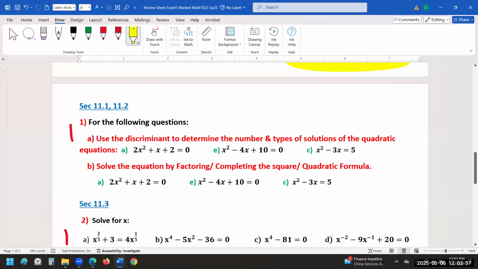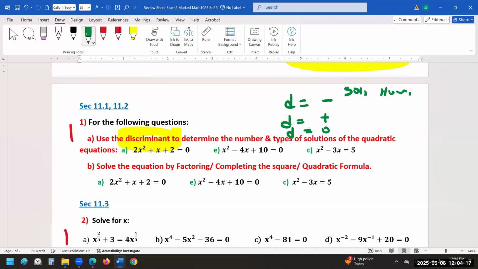Okay, so discriminant. I'm going to ask all three types. I'm going to give you a number. What if your discriminant is negative? What if the discriminant is positive? What if the discriminant is 0? Then what type of solution do you have? How many?